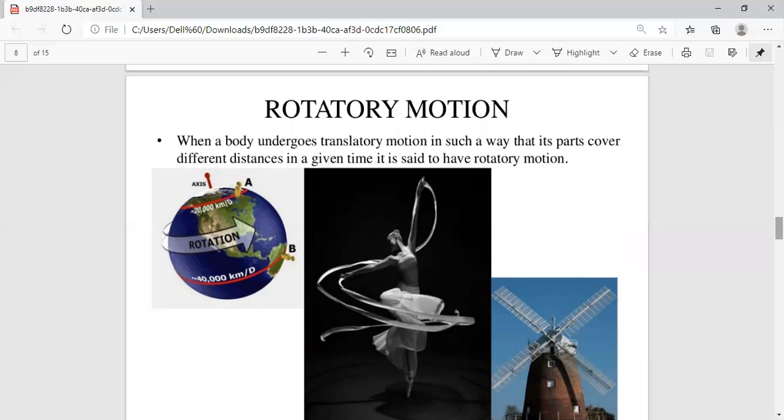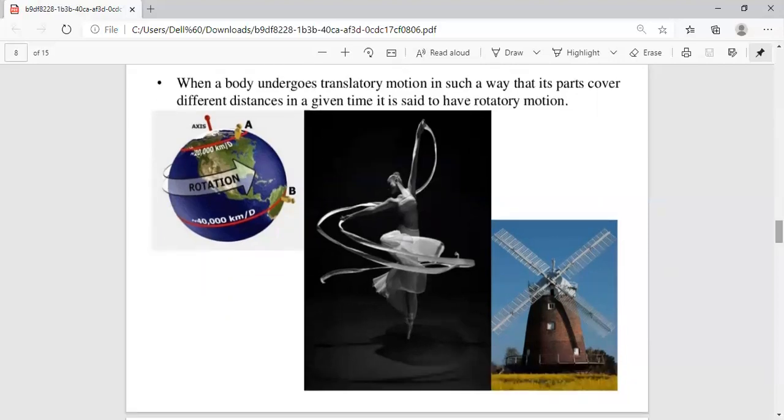That rotation is around a fixed point. Like you can see how the Earth rotates around its axis. First we saw that the Earth revolves around the sun. That was a revolution. And now the Earth rotates on its axis. That is known as rotatory motion. Here in this figure also, the blades are moving around a fixed point. So that type of motion is known as rotatory motion.